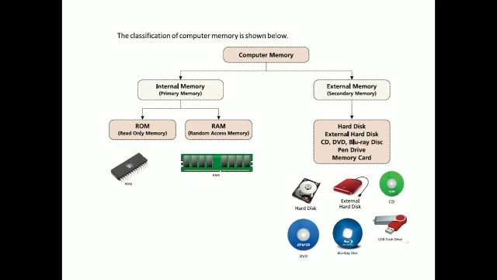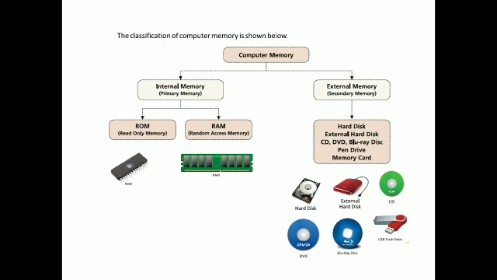Then CD is an optical storage device. It is a thin circular disk. It can store data up to 700 MB and its diameter is around 4.7 inches. Then DVD is also similar to CD, but it can store more data. Around 4.7 GB of data can be stored in a standard DVD.